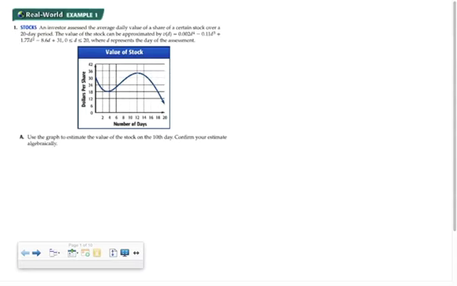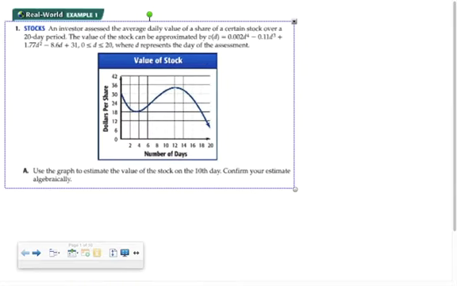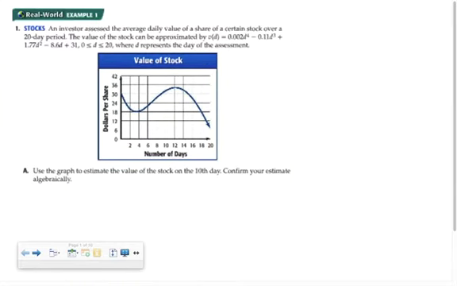So in this graph, they are representing a real-world situation, the value of a stock, with this polynomial function. You see it represented as v of d is 0.002 times d to the fourth power, and so on. And d represents the day of the assessment, and v is the value of the stock.